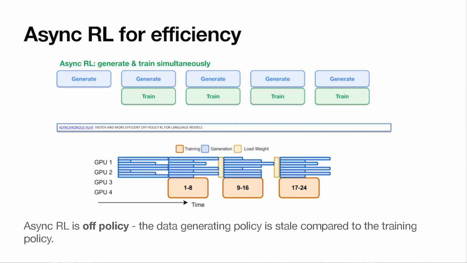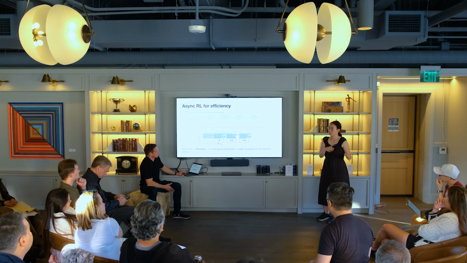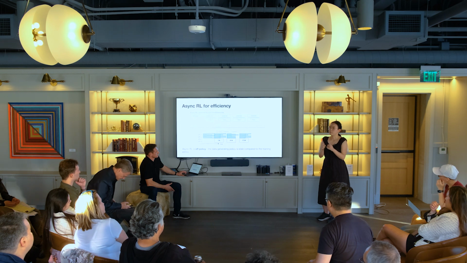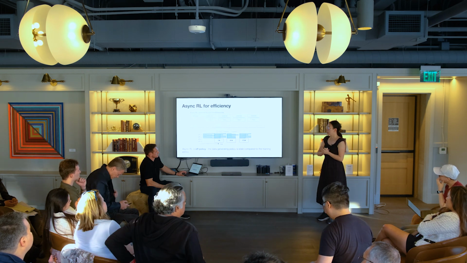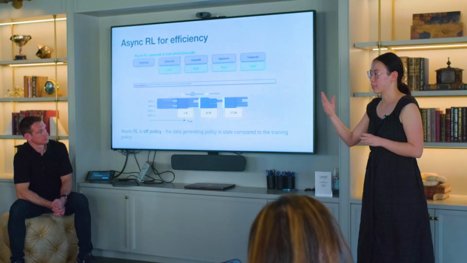But the problem with this is that when you're running training, the data you're training on could be generated by weights from a few steps ago. So your data is from a different set of weights than the weights you're training on. This means that async RL is off policy. The data-generating policy, the data-generating weights, is old compared to the training policy, compared to the set of weights you're training.